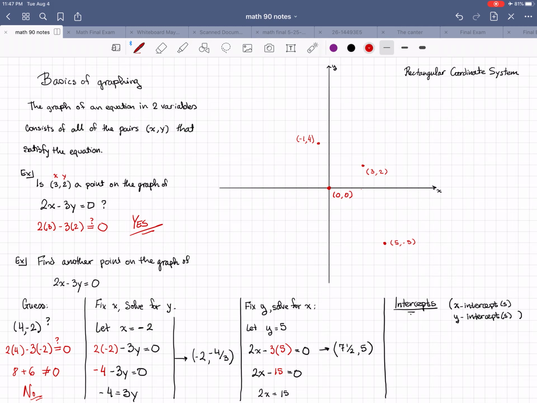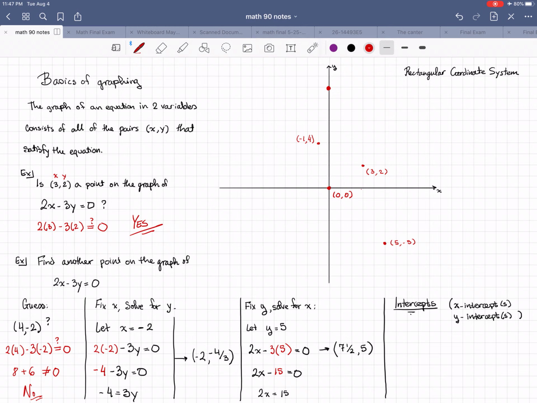I'm going to go back to my rectangular coordinate system picture here. Intercepts are points that are not floating out in space, but they're actually on the axes. So like this point here is on the y-axis. So if you're describing movement from the origin to get to this point, do you notice how you're not moving side to side at all?